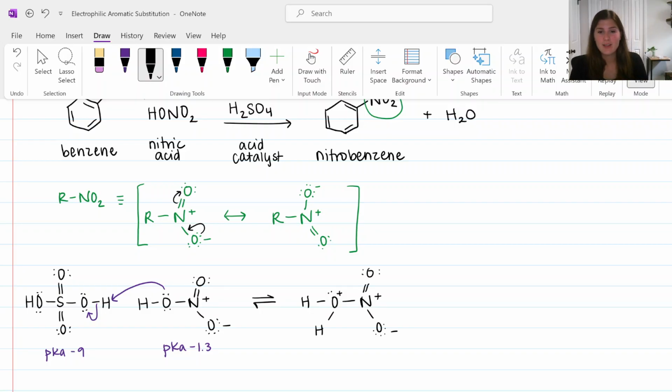Okay, we have two positive atoms next to each other in this nitrogen-oxygen molecule, and that's pretty unstable. We also have a good leaving group. I'll highlight it in purple. Anytime you see this bonded to a molecule, essentially a water molecule, that is a really good leaving group, and that's exactly what's going to happen here. The oxygen that's negatively charged will create a double bond to the nitrogen, and then the bond between nitrogen and the positively charged oxygen will break.